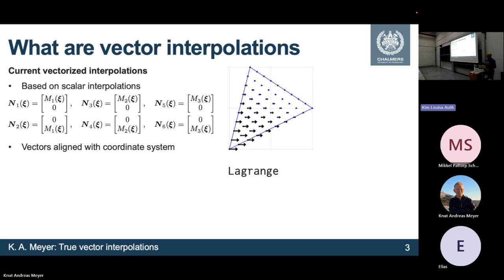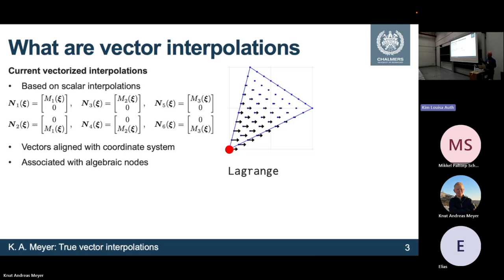And of course, you then get vectors where, if you pick out one shape function, it's aligned with a coordinate system, and it's typically associated with what I here call an algebraic node. Just to separate, an algebraic node is not necessarily a geometrical node, because we allow different geometric and function interpolation.